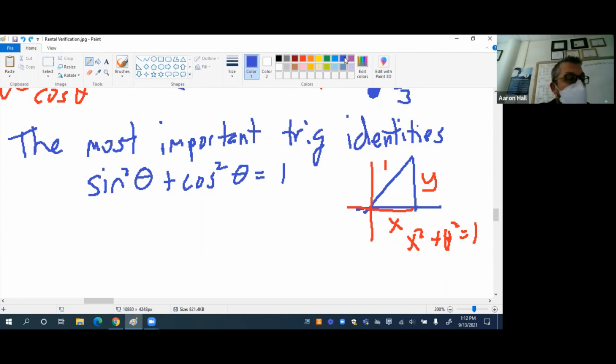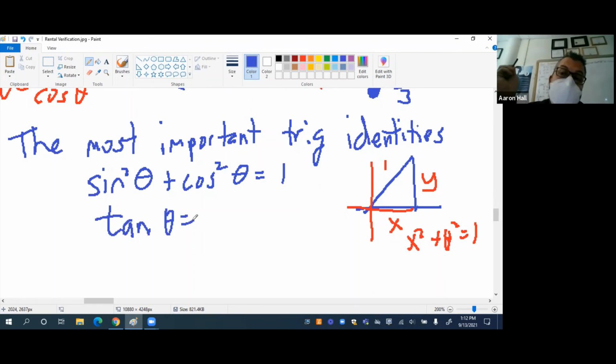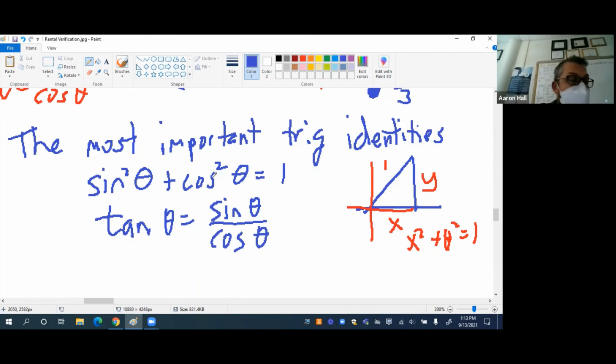The other important one that we have is tangent of theta, which is in terms of sine and cosine: sine over cosine. That's something you also need to know. You also need to know your reciprocal identities.